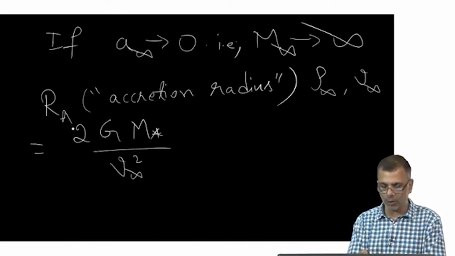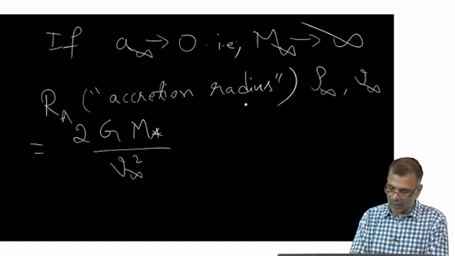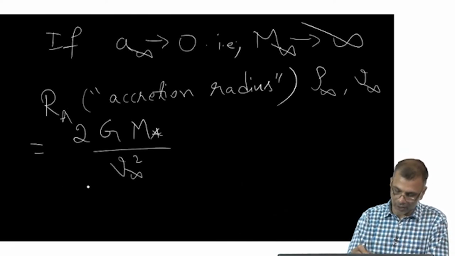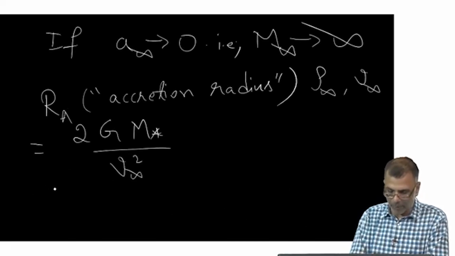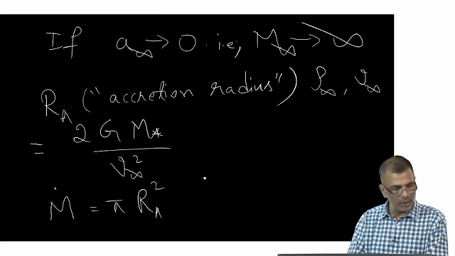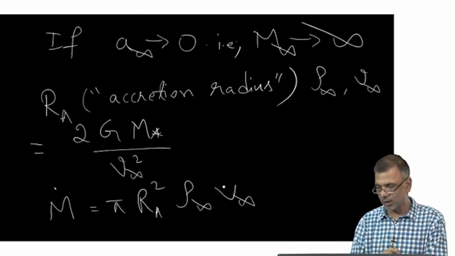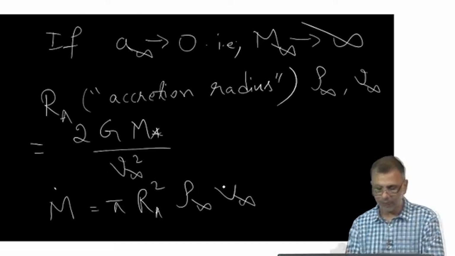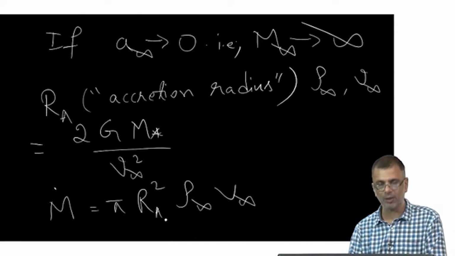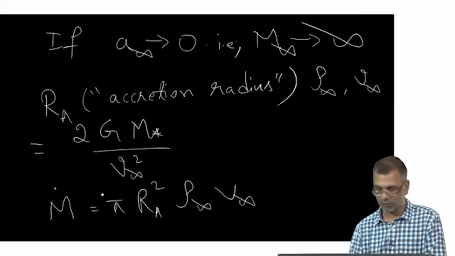The reason for calling it the accretion radius will become apparent immediately. Then M dot would be equal to pi R A squared rho infinity v infinity. And from here, the logic of calling this R A is immediately apparent, except for a factor of order unity.